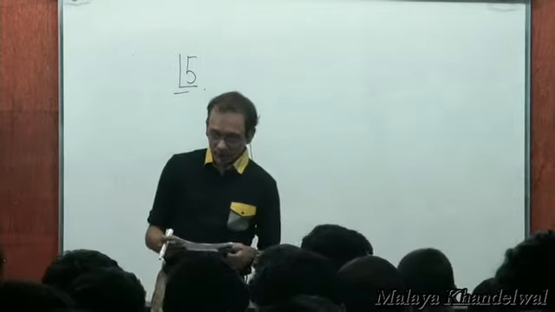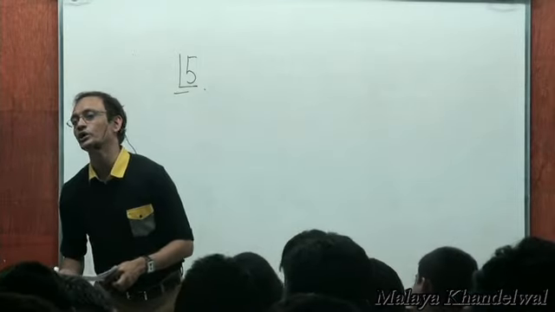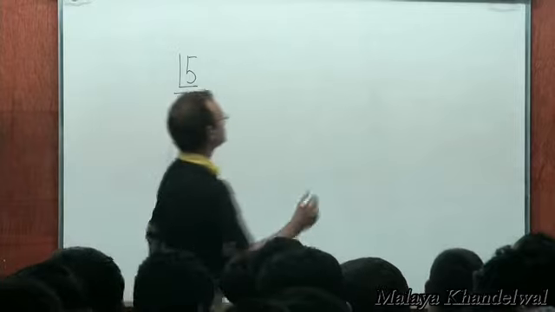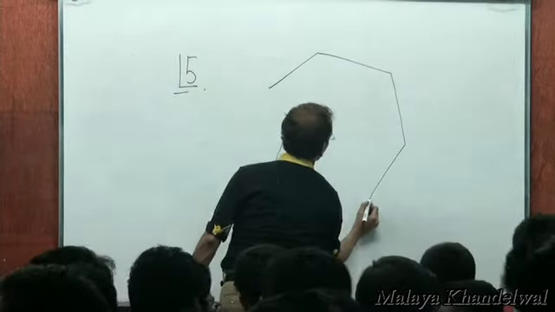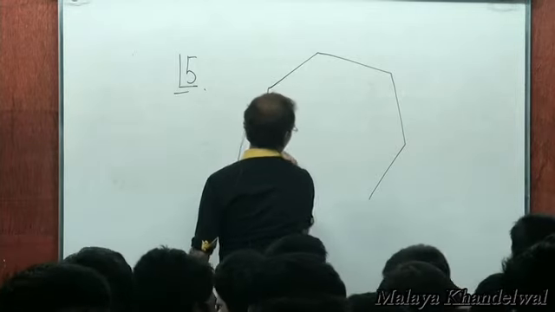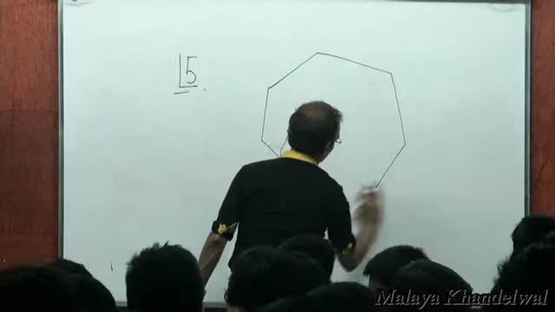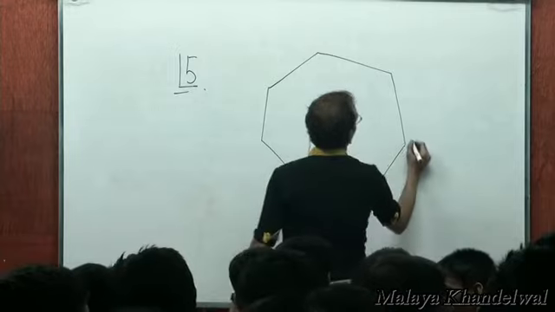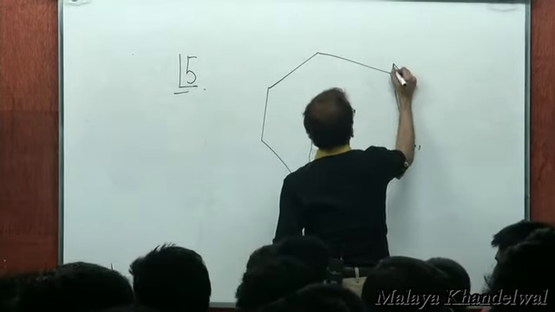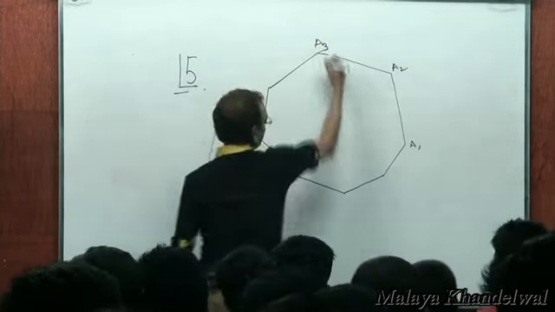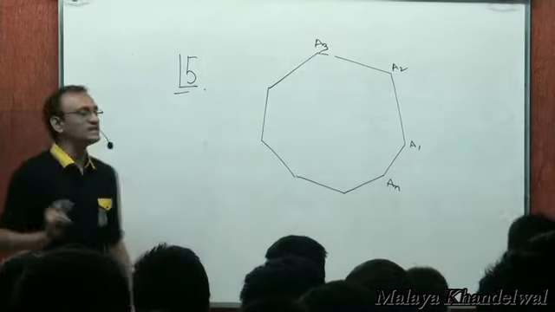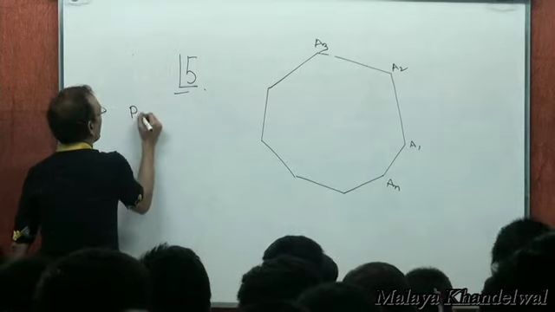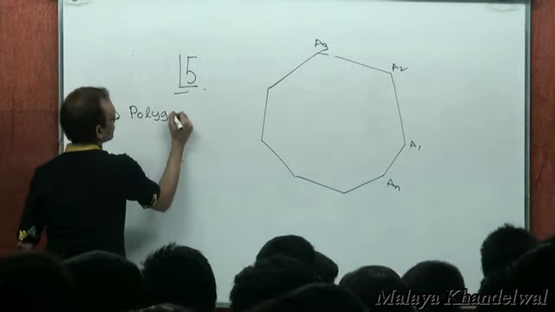How many diagonals are there in a polygon of n sides? Clear? Okay, A1, A2, A3, up to AN. A polygon of n sides is what we have.